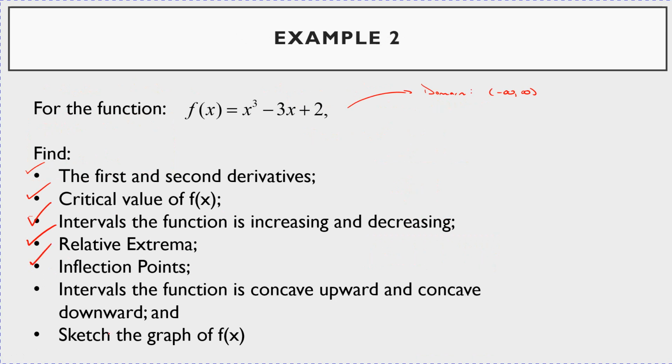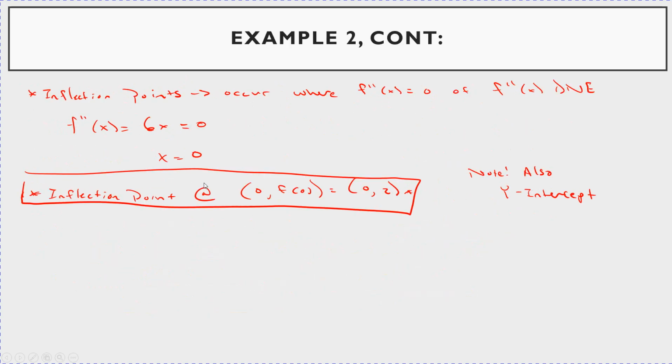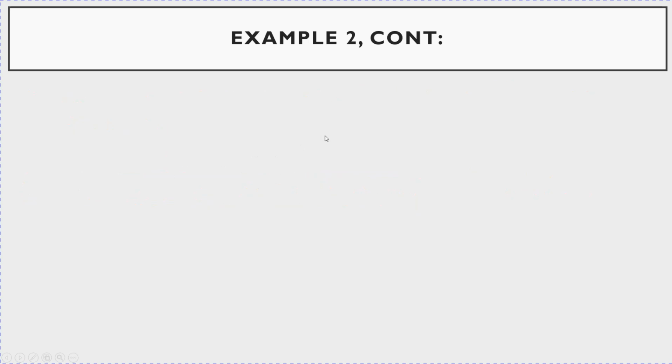All right, so the next thing we do before we sketch the graph is intervals where the function is concave upward or downward. Where you have this inflection point, where it occurs at x equal to 0, you're going to use that to break up the number line again.